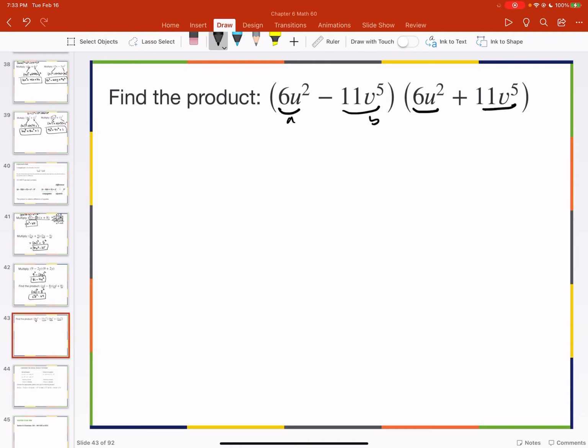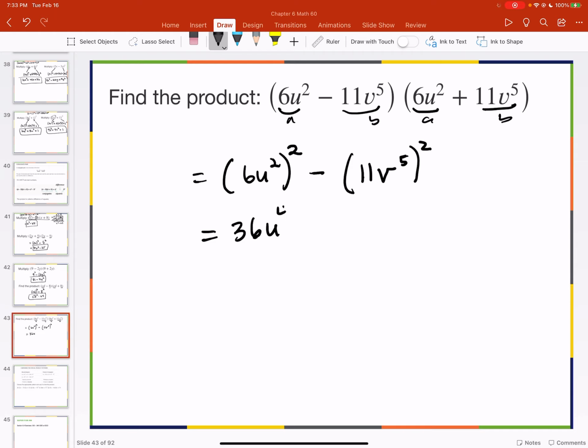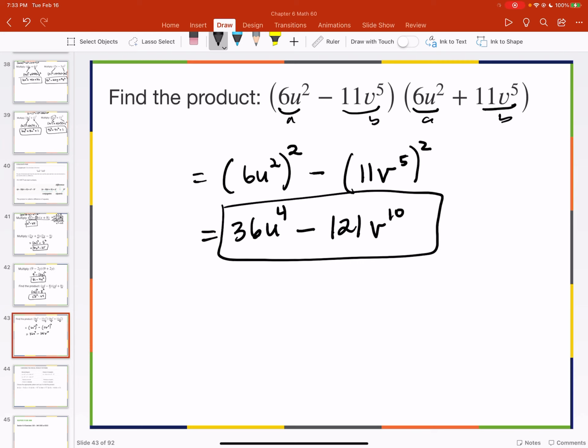That's a, that's b, that's a, that's b. So the product is just going to be 6u squared, all of that squared, minus the second one, 11v to the 5th, squared. So then that's going to be 36u to the 4th minus, and then 11 squared is what? 121v to the 10th power. And that's it for that one.